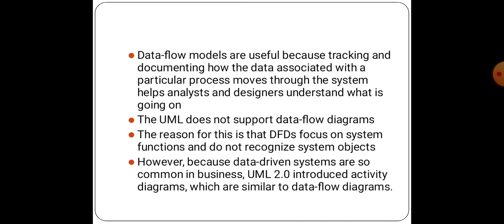Data flow models are useful because tracking and documenting how the data associated with a particular process moves through the system helps analysts and designers understand what is going on.